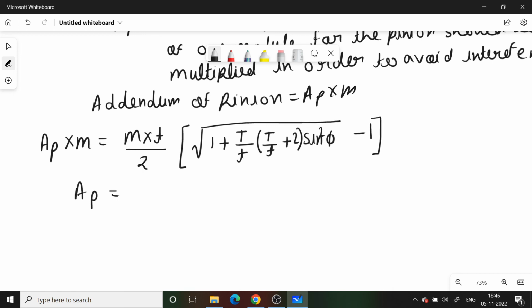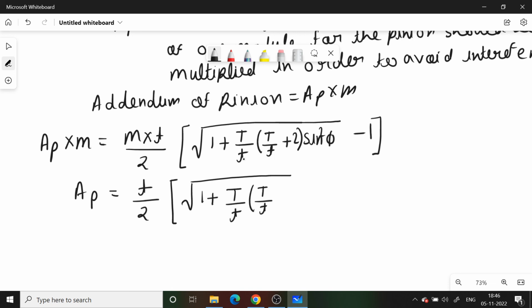From here AP will be equal to number of teeth divided by 2 within bracket, under root 1 plus capital T upon small t, capital T upon small t plus 2, sin square phi, minus 1.